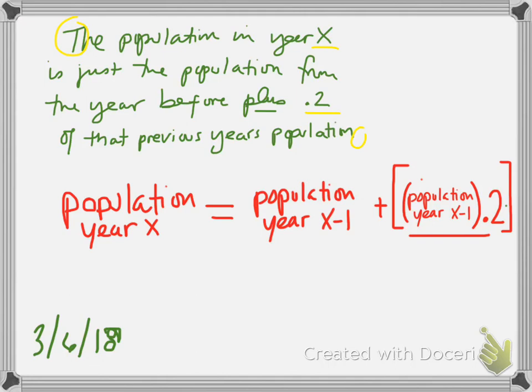No period at the end, no capital letter at the beginning, no is's and justs and befores. There are words that represent mathematical things, but largely we're relying on mathematical symbols and a very minimal number of words. And instead of saying things like last year's population, we say population of year X minus 1.